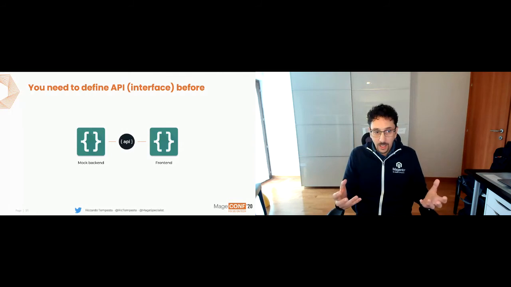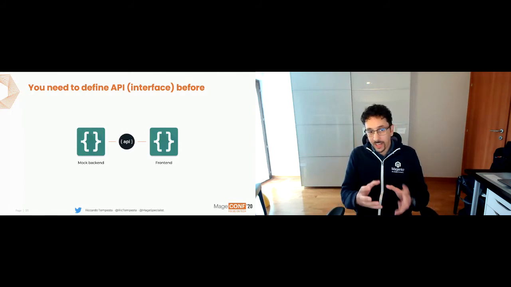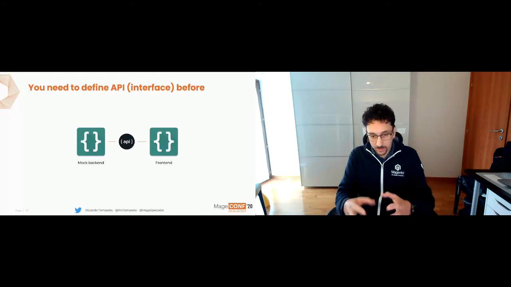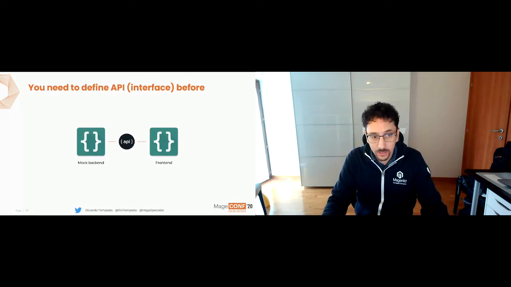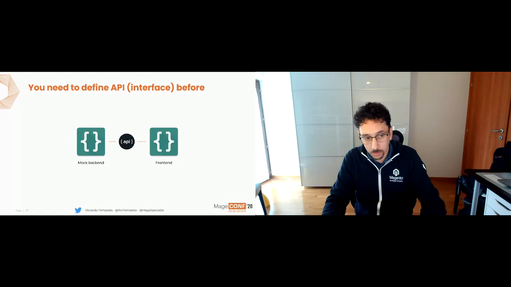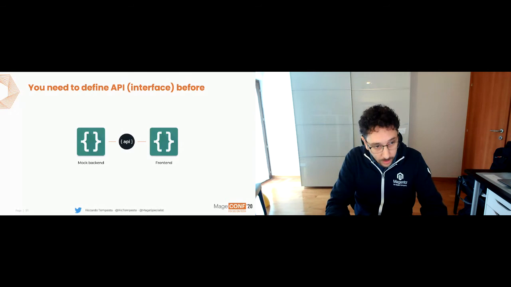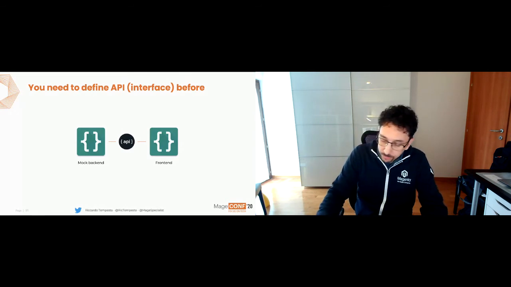When you have a fake engine of the backend providing information, the front end team can go ahead. When you are done, you replace your mock backend with the real backend. It seems to be simple, but of course we'll see how it works, especially using the Magento tools.